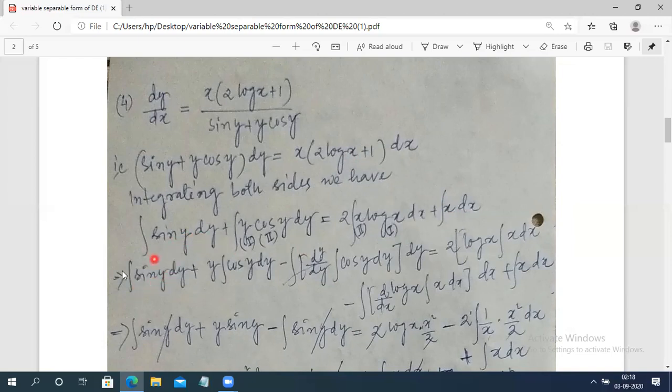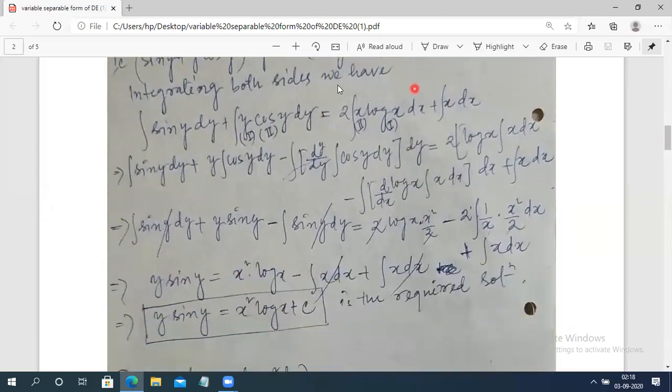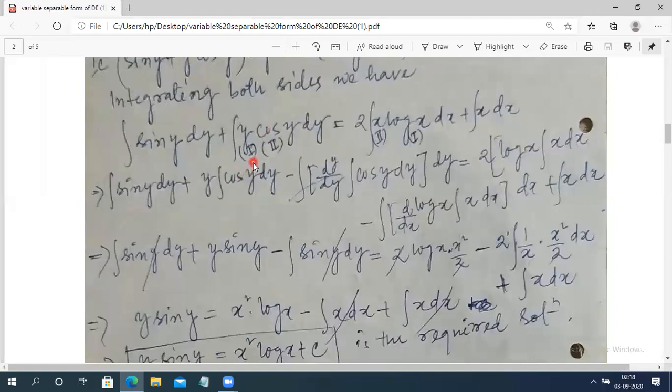Now write it as it is. So write integration of sin y dy, and we'll see what will happen. And here you can see the product of two functions. If we take y as the first function and cos y as the second function, then by the product rule, it is first function into integration of second, with negative sign, differentiation of first function into integration of second, and the integration of the whole of this function with respect to dy.